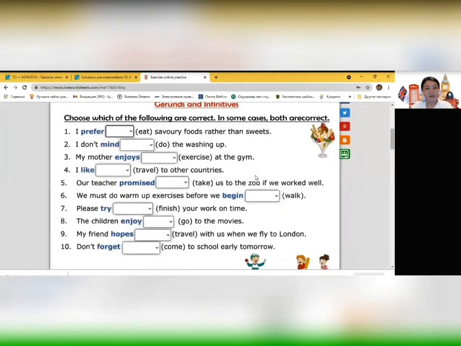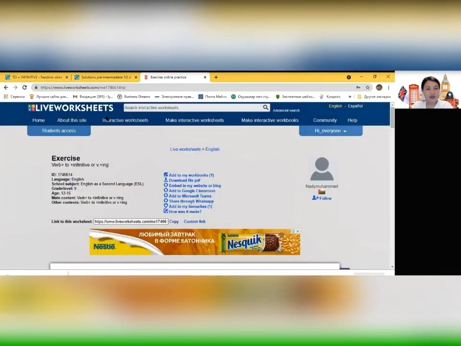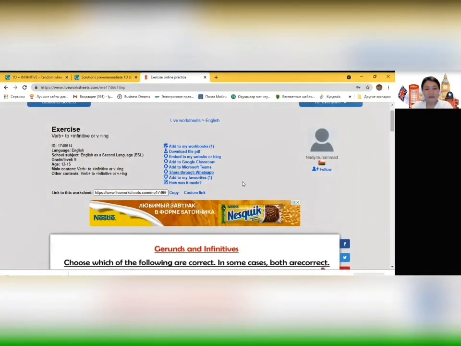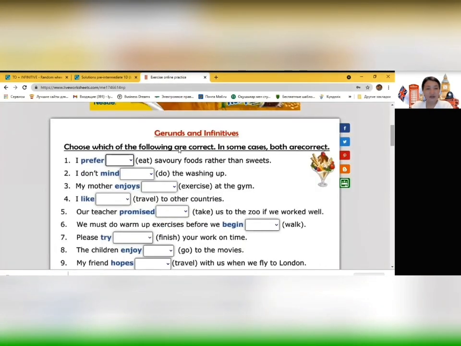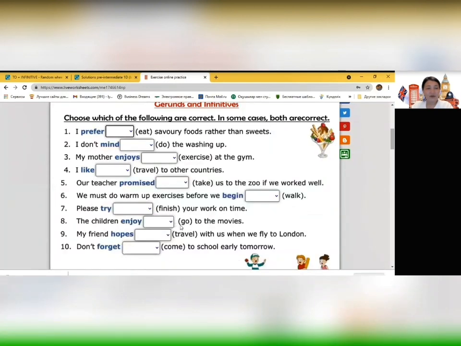And the next task will be from Live Worksheets. Here we have ready worksheets, or you may make your own interactive worksheets. Gerunds and infinitives. We have to choose the correct word. For example, I prefer eating savory foods rather than sweets.